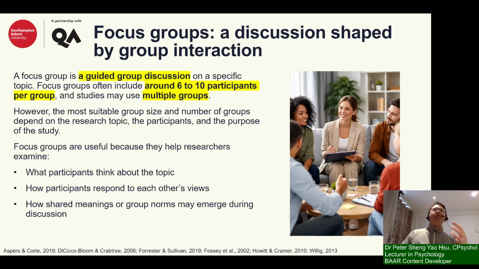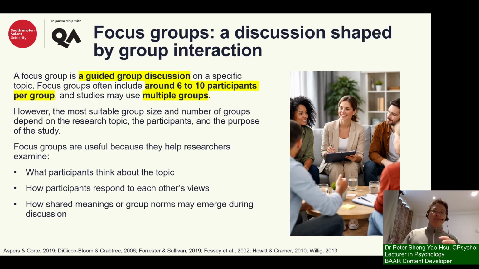Focus groups often include around 6 to 10 participants per group, and a study may use multiple groups. However, this is not a fixed rule. The most suitable group size depends on the research topic, the participants, and the purpose of the study. The key feature of a focus group is interaction.